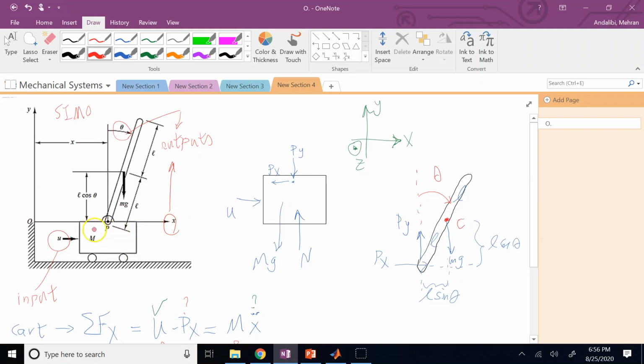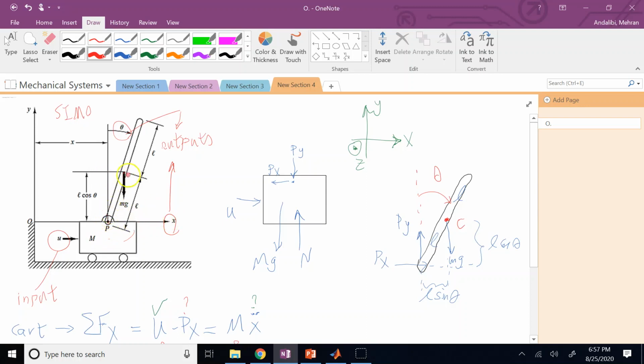So you can say that x of all points is almost x of P, right? You can treat the cart as a particle, because for this object, rotation doesn't matter. So if x of P, which is right above the centroid, is x, then what is x of C?